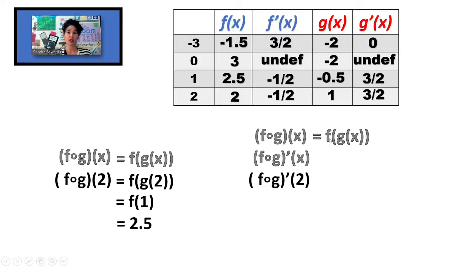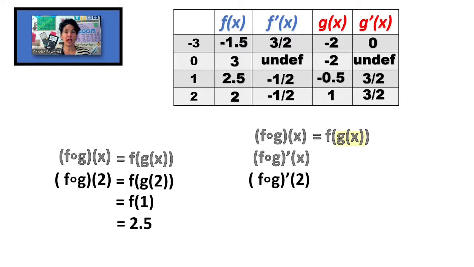So let's focus on what is the derivative of f composition f of g of x. If this was just f of x, the derivative of f of x would be f prime of x. But rather than being just f of x, we have f of an input function, f of ugly.